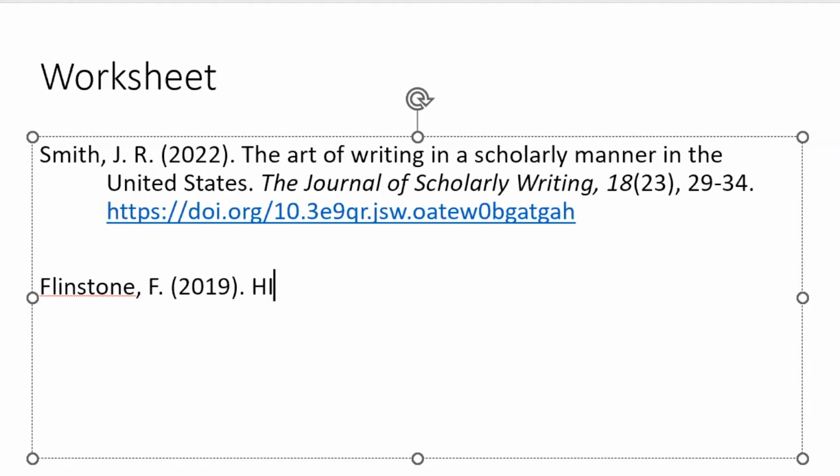The other thing is if you have a number that starts the title of an article or a book, you're always going to spell it out. So even though the article or the book may start with an actual numeral, APA says you must spell out the number. Covey, S. I don't know what year it was, but let's just pretend it was 2018.